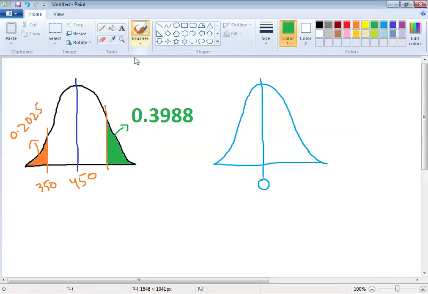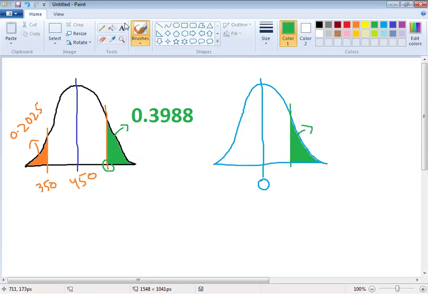Now I need to figure out what the weight is where the classification happens between large and medium. How will we do this? Again, we'll take the help of the standard normal. Look carefully, we know the area of the standard normal. What is this area for large? 0.39.